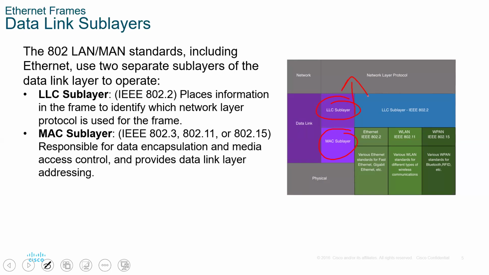When it comes to the issue of encapsulation, the network layer carries the network header information and sends it down to the logical link control that controls it. So it relates with the upper layers.